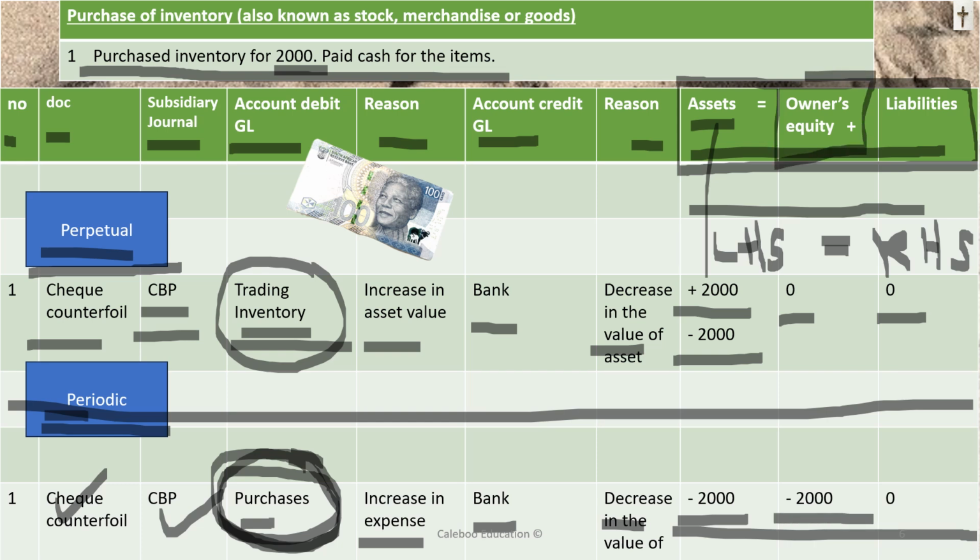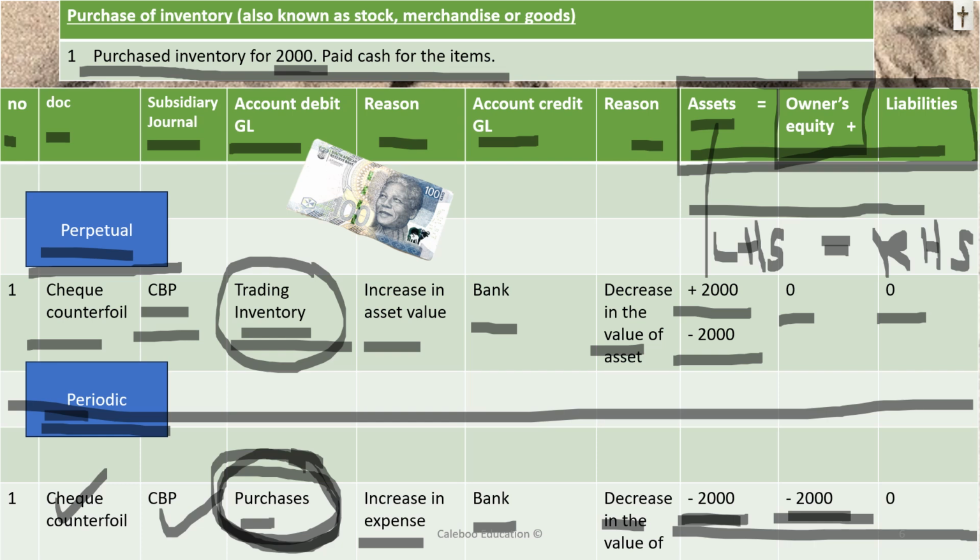Owner's equity decreased by 2,000. So we've got minus 2,000 under assets and minus 2,000 under owner's equity. With these two systems, in theory, it all should work out the same at the end. Just during the process, accounts are treated differently.